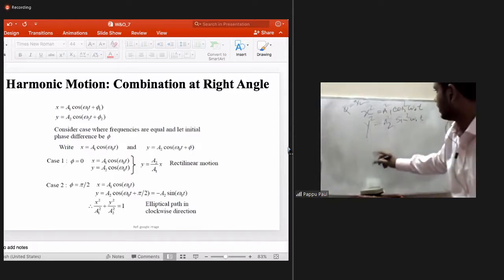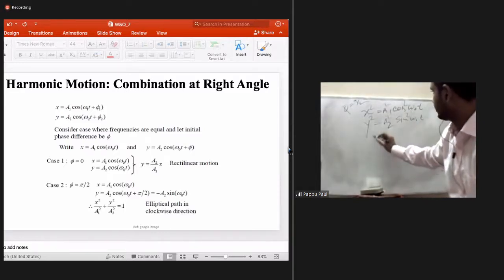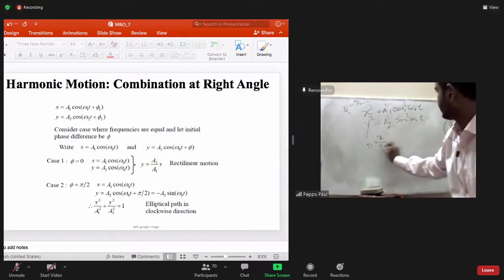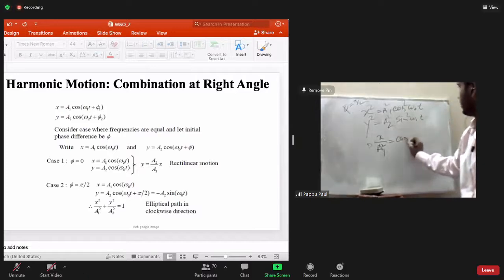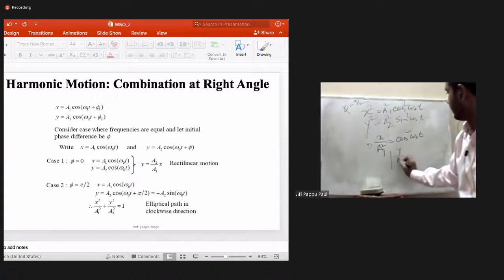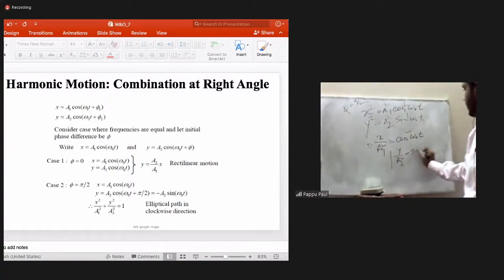We can write our first equation as x by a1 square is equal to cos square omega naught t, and our second equation as y by a2 square is equal to sine square omega naught t.